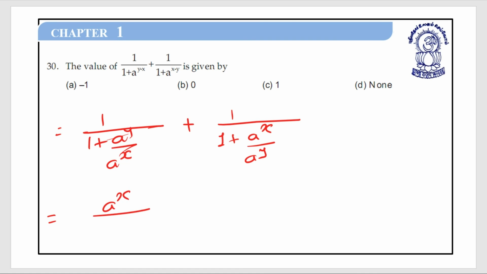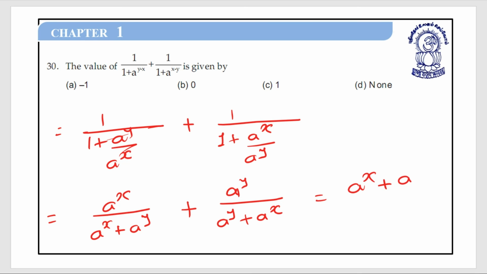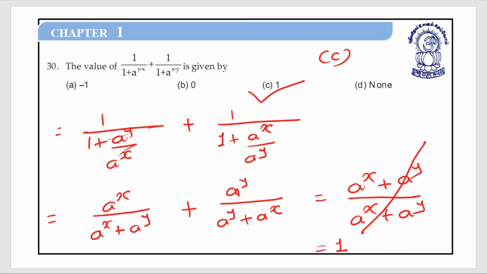So here a raised to x upon a raised to x plus a raised to y, plus 1 upon a raised to y plus a raised to x, denominator becomes numerator a raised to y. So a raised to x plus a raised to y, because LCM same, denominator same, a raised to x plus a raised to y cancel, so is equal to 1. So option C is the right answer.